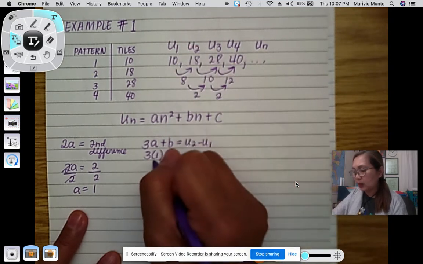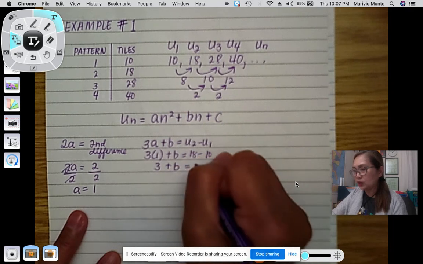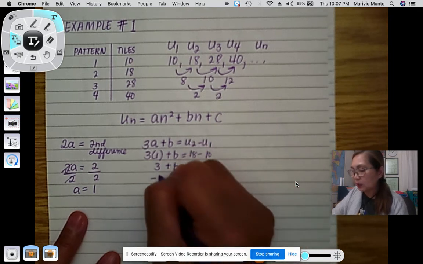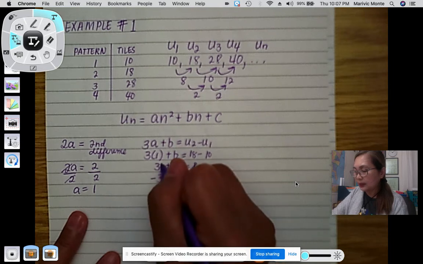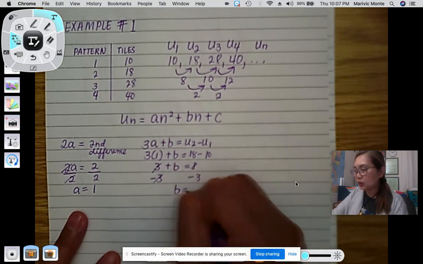So we have here 3 times 1 is 3 plus b is equal to 8. 18 minus 10 is 8. And then subtracting 3 from both sides, we end up canceling 3 and minus 3 and have b is equal to 8 minus 3 is 5.